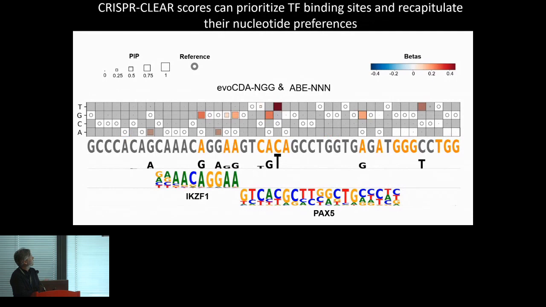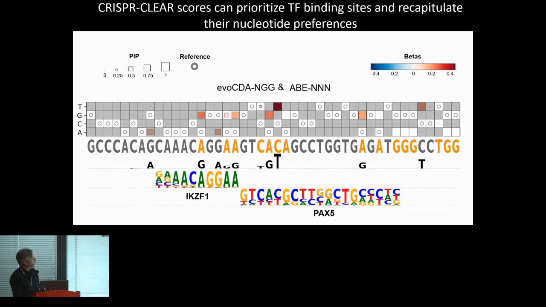The nice thing you can do is combine the two; this one is rendered correctly. You see the reference, and the gray are the things that we cannot modify. Here I put together the two screens, and you start to have a lot of information about several nucleotides. You can also create this kind of disruption logo that tells you, for each nucleotide, how likely it is that this nucleotide will change CD19 fluorescence.